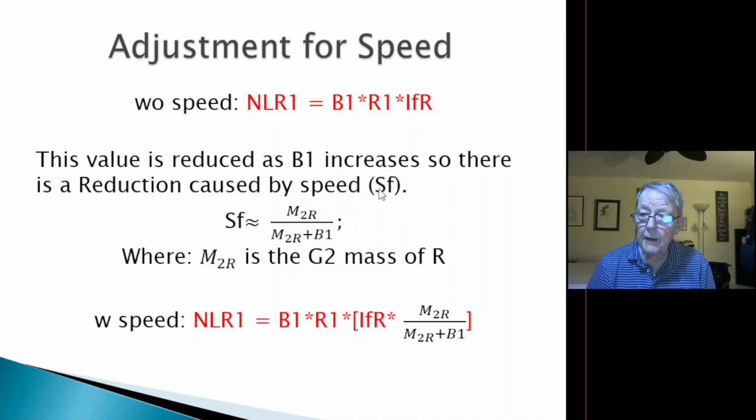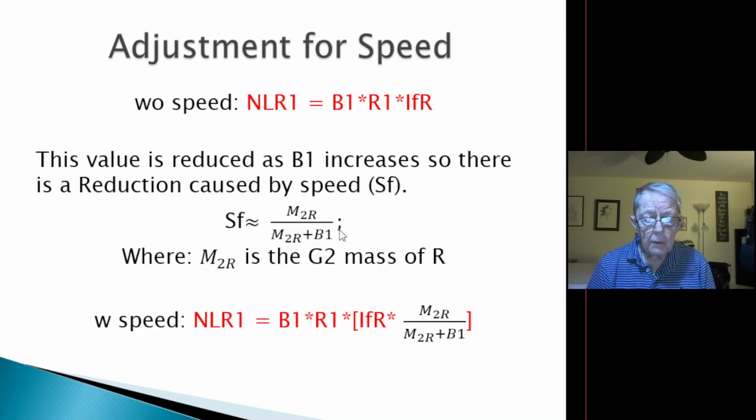I'm going to call that now the speed factor. I came up with this in a previous video, which I didn't list here, where I came up with this term as a speed factor. M2R is the G2 mass of the resistor. Let me just say that's what it is.